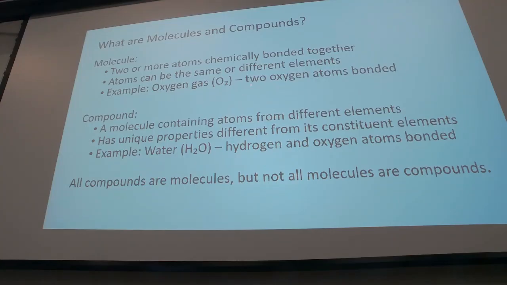So, in this case, a compound, which is a molecule containing atoms from different elements, will have unique properties different from their individual elements. It's like sometimes with certain friendships. Some people might be shy when they're alone, but when they are with the best companionship, they become a different person. They are wild.